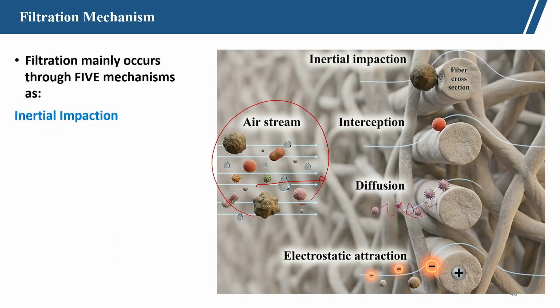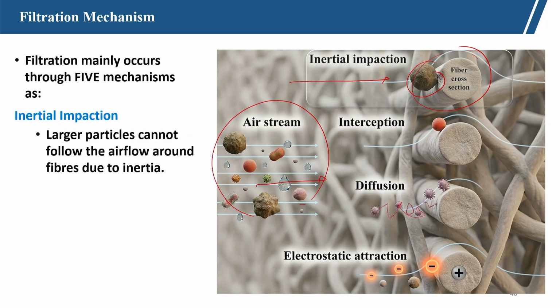You can see here the large particle coming with higher inertia gets impacted on the fiber cross section, and it will get settled within the structure. A large particle cannot follow the air flow around the fiber due to inertia, so it will get captured. They collide with the fibers and get trapped inside.